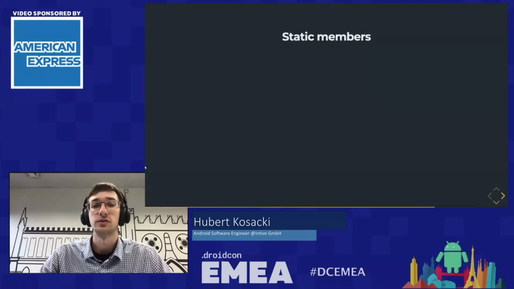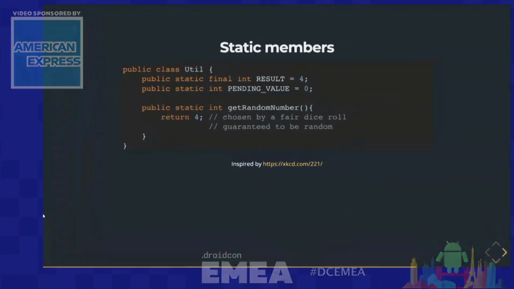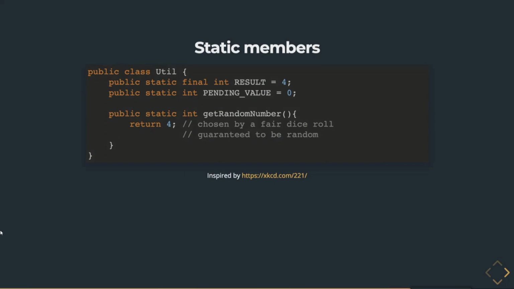Another pinpoint is the static members that are being created in our code base. And these are tricky when converting Java code to Kotlin. So let's focus on this utility class that generates random numbers, heavily inspired by this XKCD comic strip.